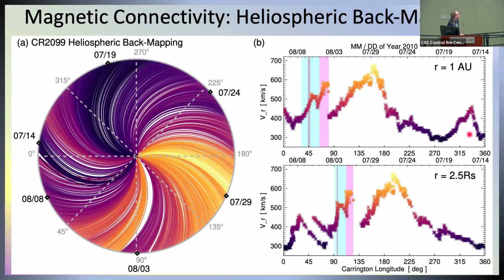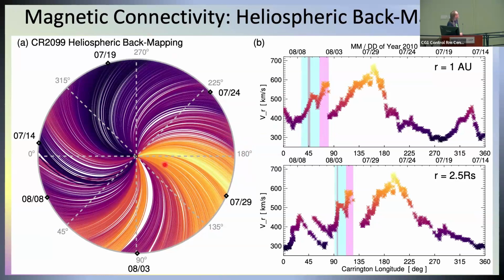and if you take basically this time series and run it backwards, you're plotting in Carrington longitude coordinates. So if I'm measuring some bit of 500 kilometer per second solar wind, I know that the Parker spiral at 500 kilometers a second has a certain shape, and I can just draw that shape all the way back to the sun.